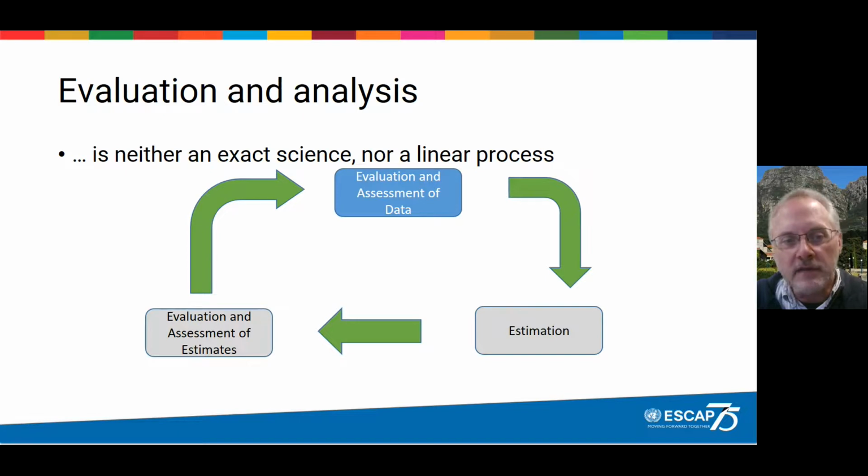And if we encounter a situation where we think that those estimates are not plausible or not valid, we would then return to our data and reevaluate and reassess it, as if to say, why did this not produce an estimate which we thought was valid? And the whole process would start again.